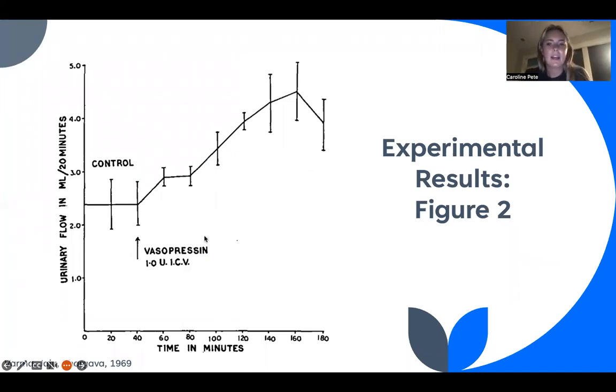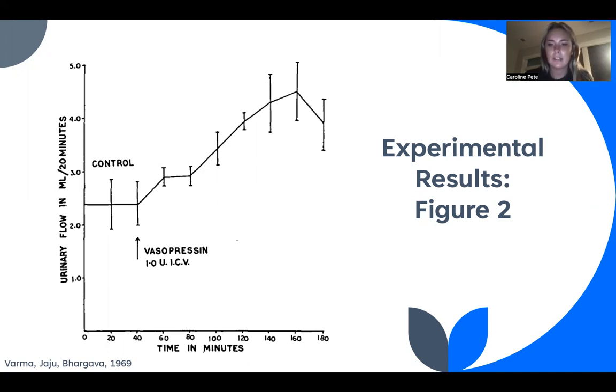And then here we have our figure 2. It was determined that the injections did not produce antidiuresis, which indicates that the cardiovascular effects produced by the injections of vasopressin into the lateral ventricle were not due to leakage of vasopressin into the circulation. This was found by measuring the effect on urine volume.